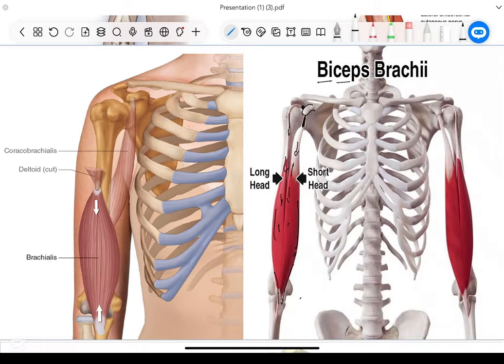It crosses a joint. What is the name of this joint? The name of this joint is the elbow joint, and reaching towards the radius, it is inserted on the radial tuberosity. So basically the biceps brachii crosses two joints, but the main work will be on the elbow joint.